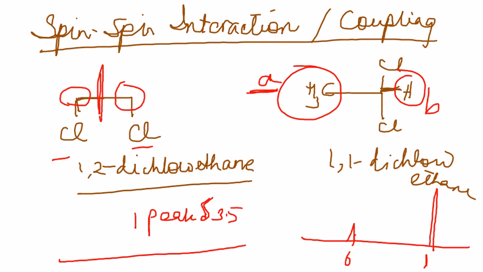The peak that actually shows up at 6 is a combination of 4 peaks. So it shows up as a quartet. And the peak that you get at 1 is not really just a single peak, but rather a combination of 2 peaks, which we like to call doublet.